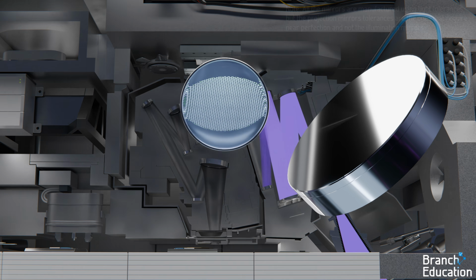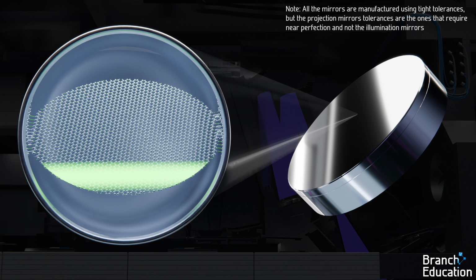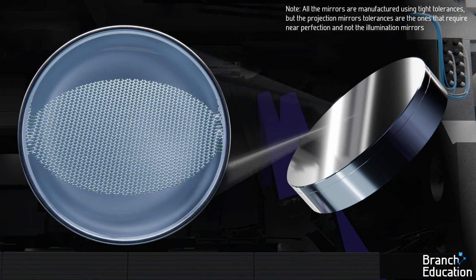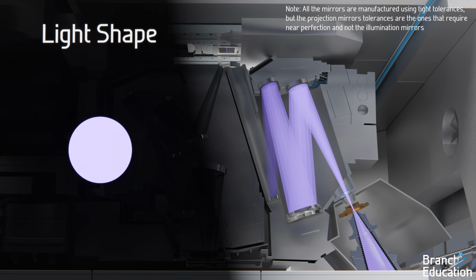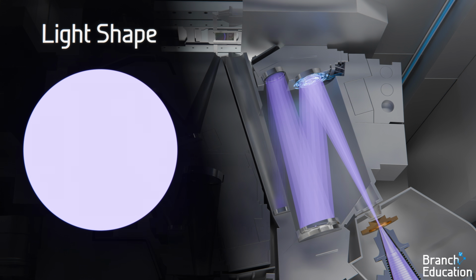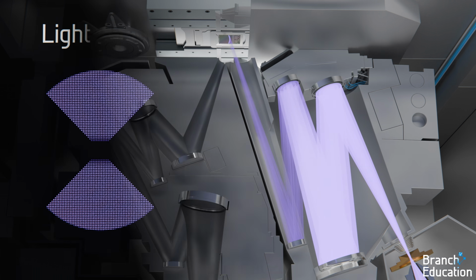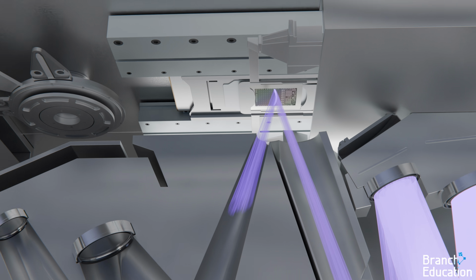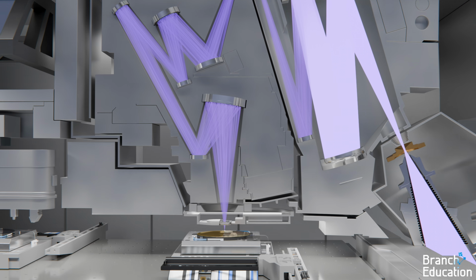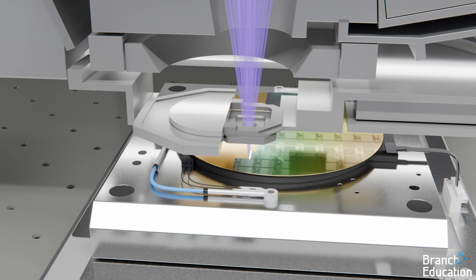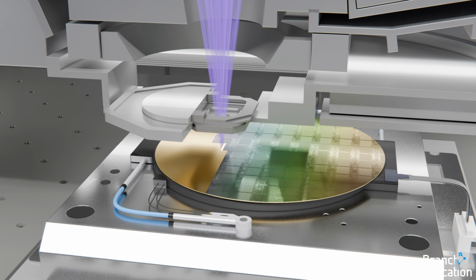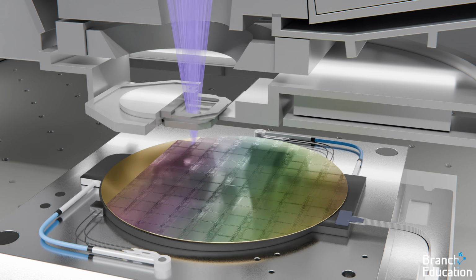These mirrors are so perfectly shaped that there's less than an atom's deviation from the surface. The illuminator takes this EUV light and shapes it into a thin ribbon that has equal uniformity across a well-defined range of angles before it hits the photomask. Using an equal uniformity of light at all angles is critical to imprinting a perfect nanoscopic pattern from the mask via the light and onto the wafer.